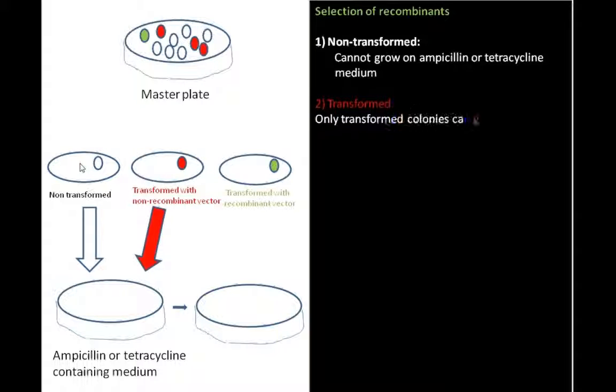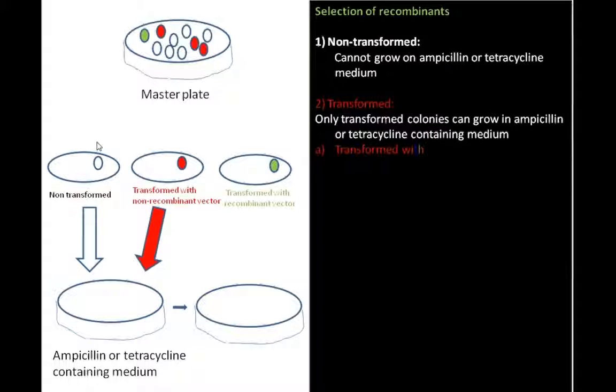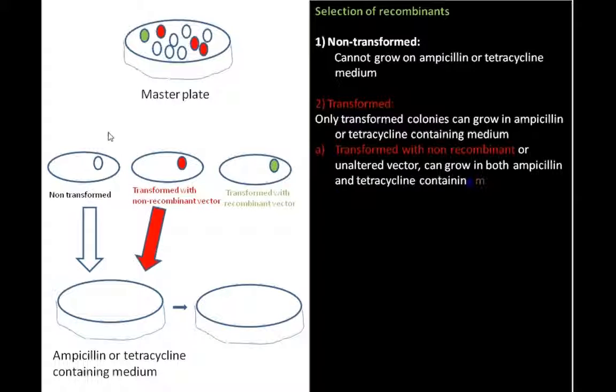Now the second category, that is transformed with non-recombinant vector. These have both ampicillin and tetracycline regions so they can grow in both ampicillin and tetracycline-containing medium. So they will form colonies right here.